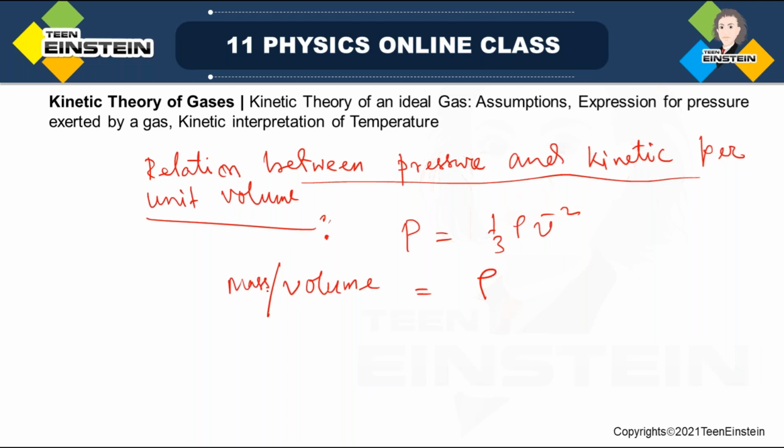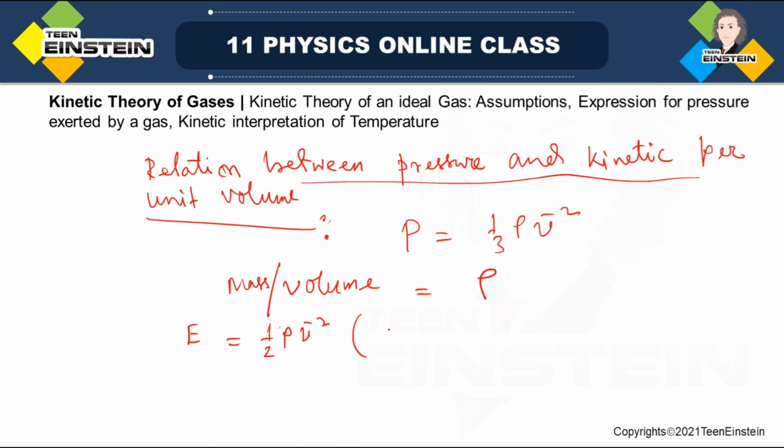Now, if we take average kinetic energy, then the translational kinetic energy per unit volume of gas is given by half rho v average square.